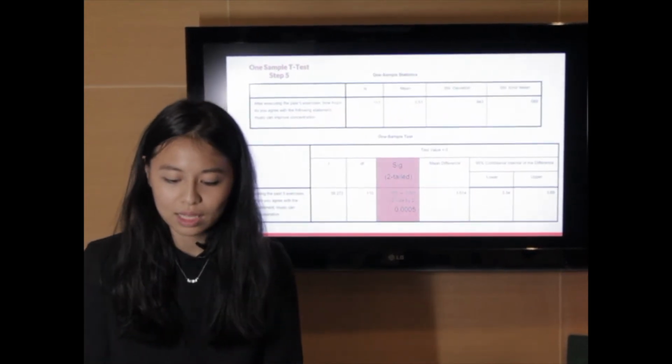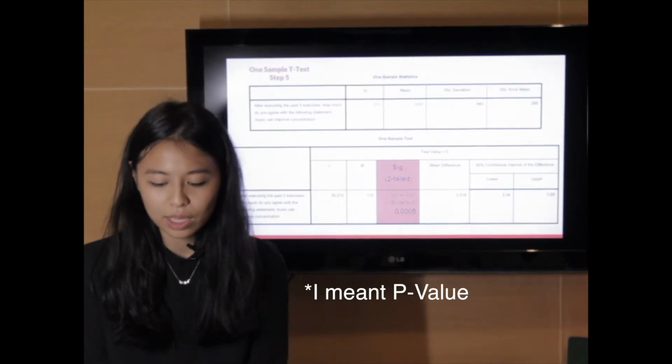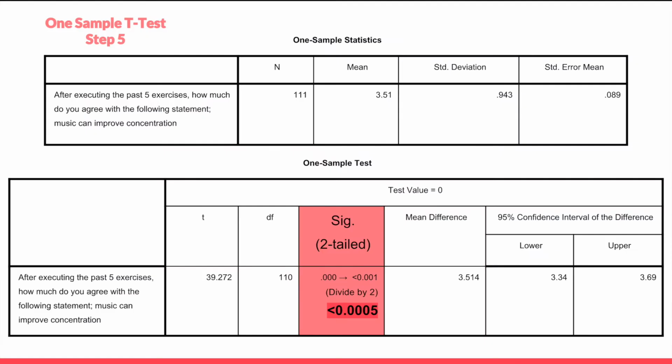Here we found that the significance level of a two-tailed test would be 0.000. And seeing as that's not a possible value, we decided it to be less than 0.001. And as we are only observing a one-tailed test, it would be less than 0.0005.